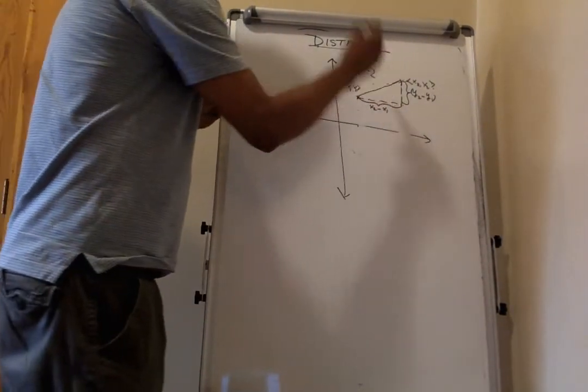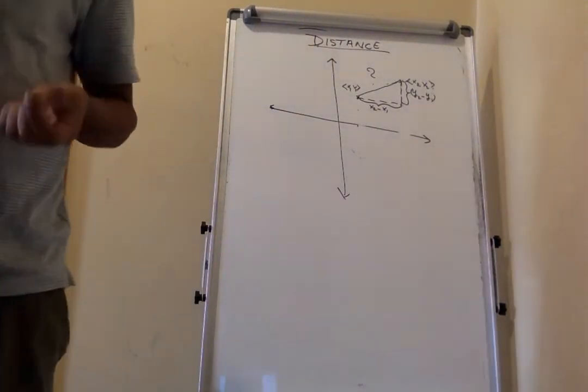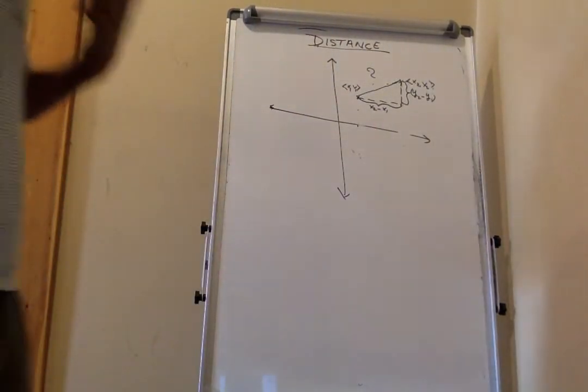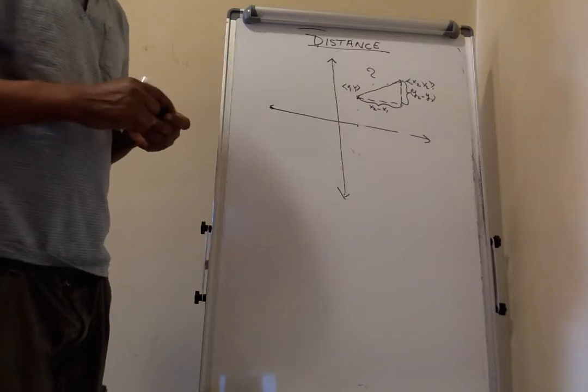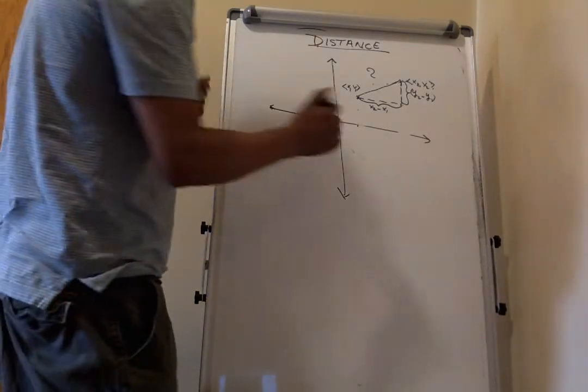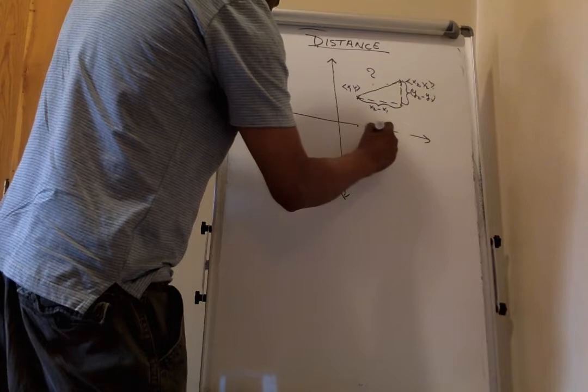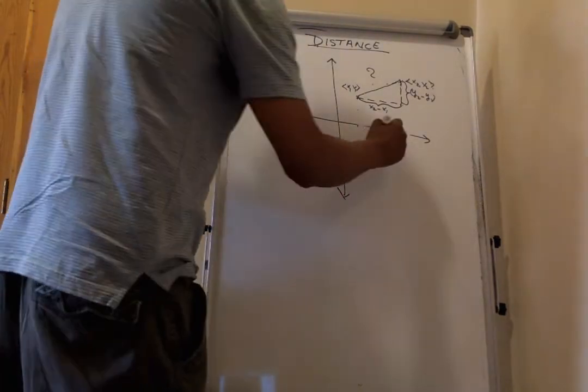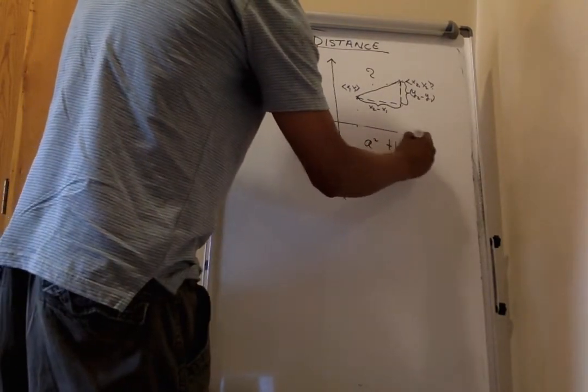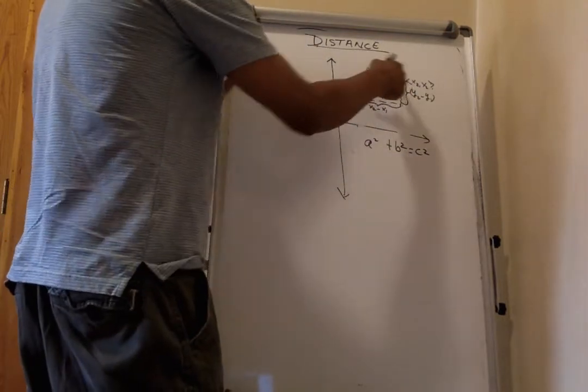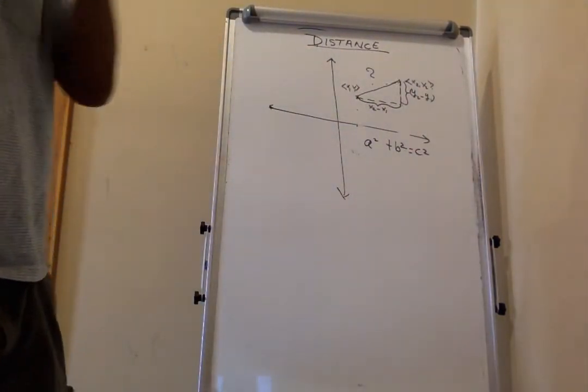So what is the distance? I think this should make you remember the Pythagorean theorem. So what the Pythagorean theorem is, if you have a right angle triangle, a squared plus b squared is equal to c squared. So this is your c squared. So we're going to do that.